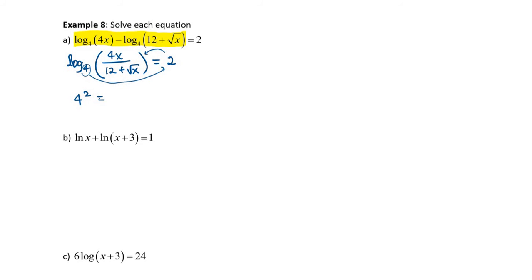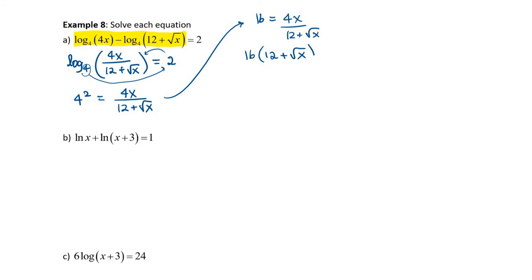So 4 squared equals 4x over 12 plus square root of x, which is 16 equals 4x over 12 plus square root of x. Here I'm going to cross multiply to get my x out of the denominator. So I have 16 and then 12 plus square root of x equals 4x.